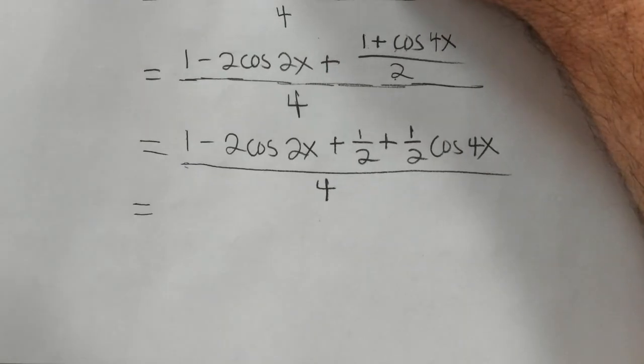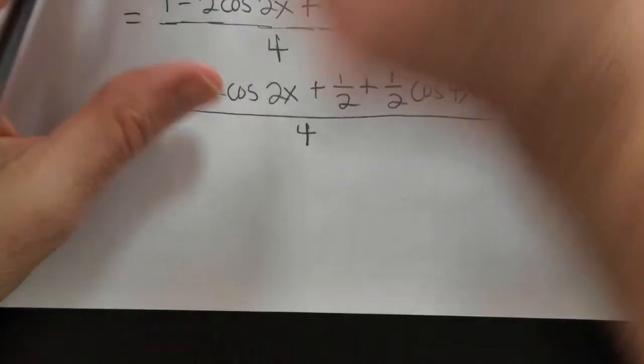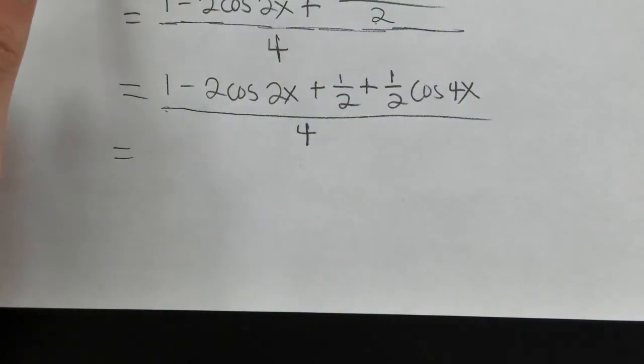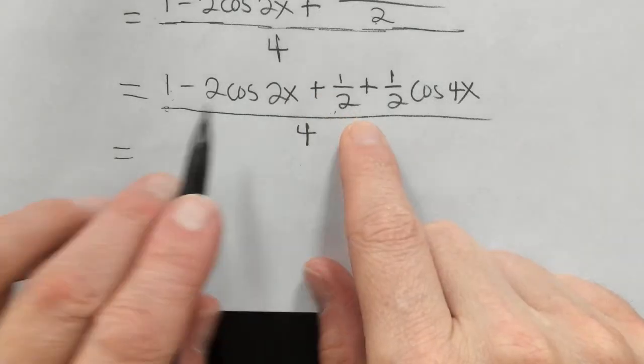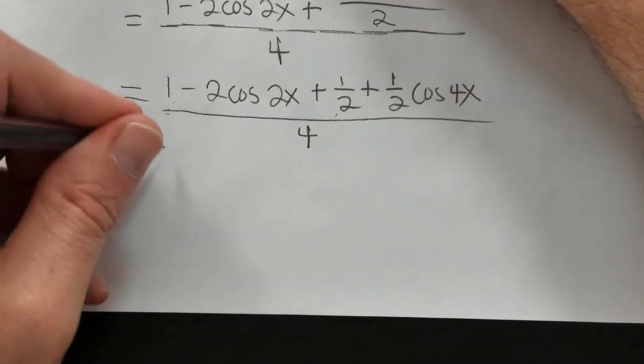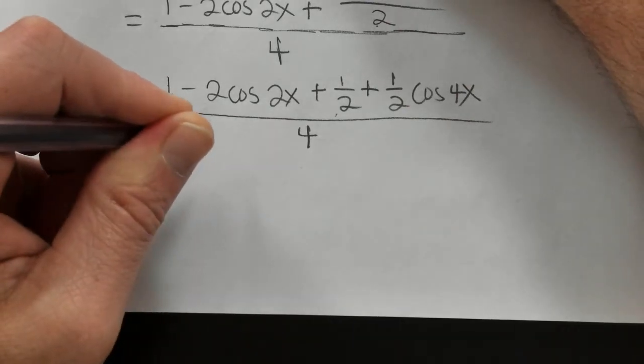Keep it going here now. Let me run out of room here. That's not good. Let's see. Okay, so from here now at this point, what can we do? Let's see. The best thing probably to do here is add the 1/2 and the 1, right? The like terms there, and get 3 over 2. So it'd be 3 over 2 minus, is that all we could do at this point?